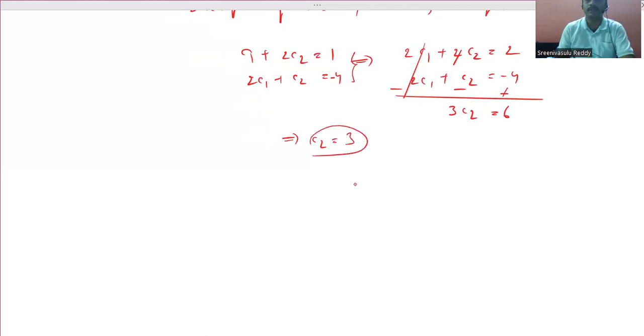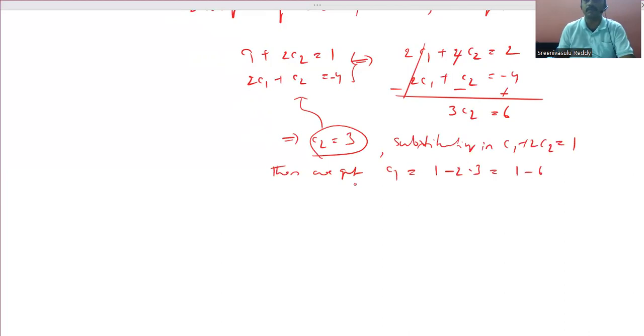Substitute in any one of these two equations, not in the other equation. Substituting in C1 plus 2C2 equal to 1, we get C1 equal to 1 minus 2 times 3, which is 1 minus 6 equal to minus 5.